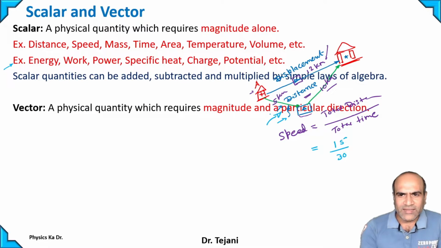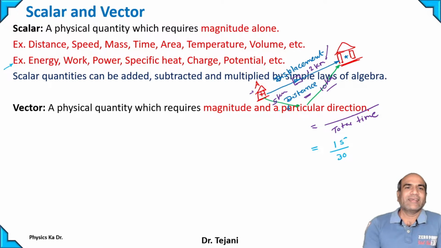Now the second one, that is a vector quantity. It is a physical quantity which requires magnitude. It was already there in the scalar also, right? Here, in terms of magnitude, plus we need a particular direction.